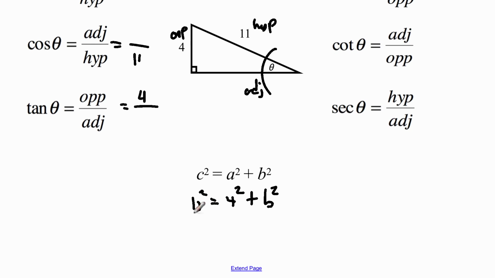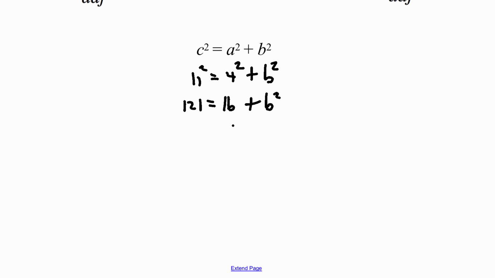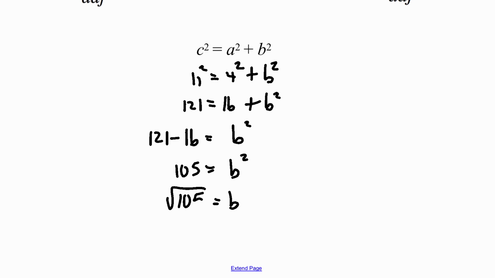If I keep going with that, 11 squared is 121, 4 squared is 16, plus b squared. Solving for b squared, I'd have b squared is equal to 121 minus 16, which is 105. Therefore, b is going to be the square root of 105. Okay, square root principle on both sides.